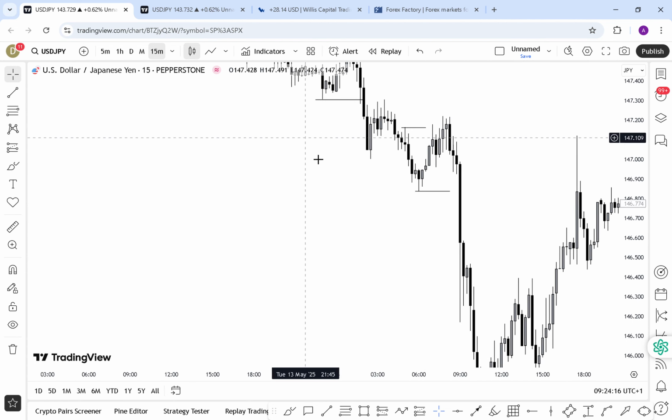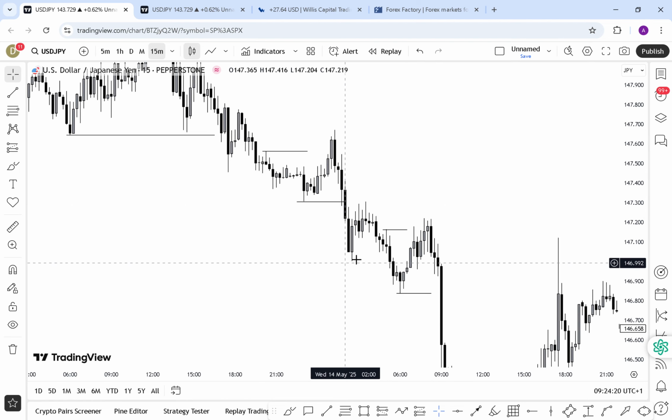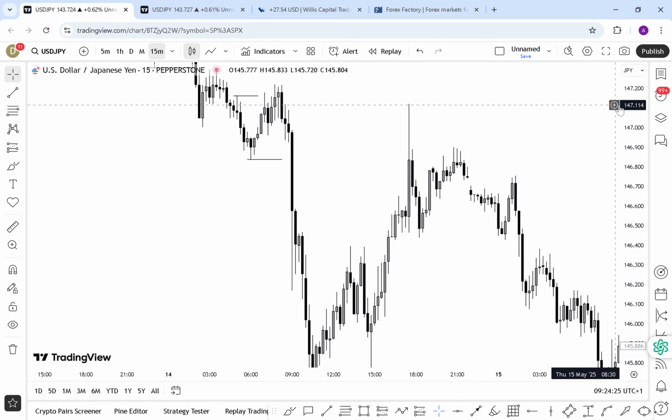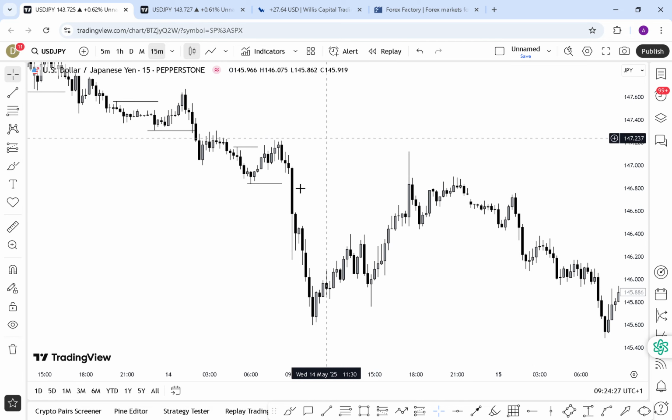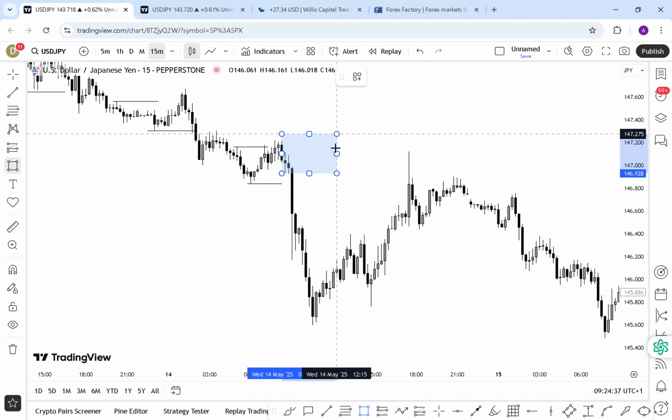And look at it, whenever the market took liquidity, it dropped massively. Pullback, took out liquidity, dropped massively. So as you can see, despite the long drop, because this liquidity has been taken out, this level is already like a POI, but I don't want to talk about POI now.